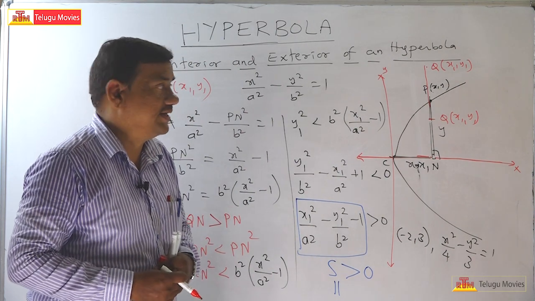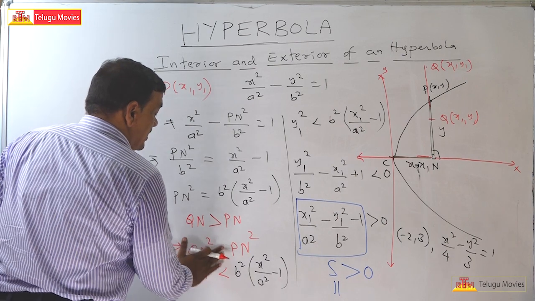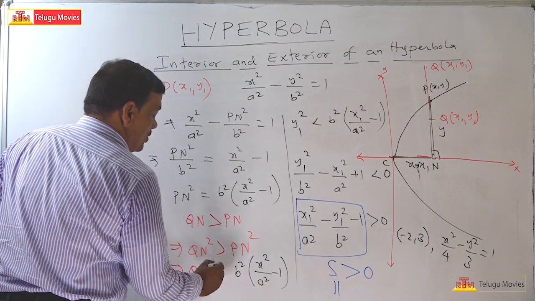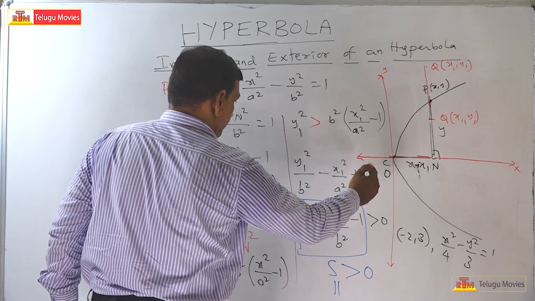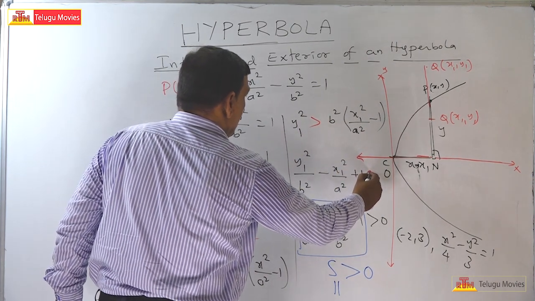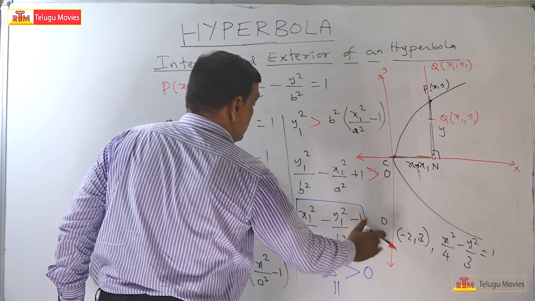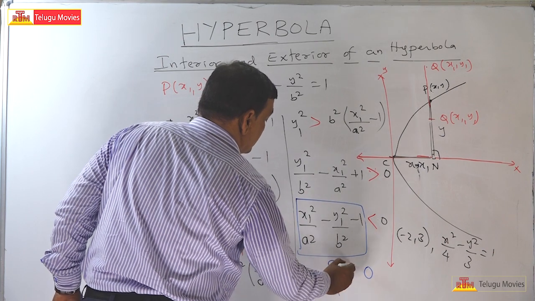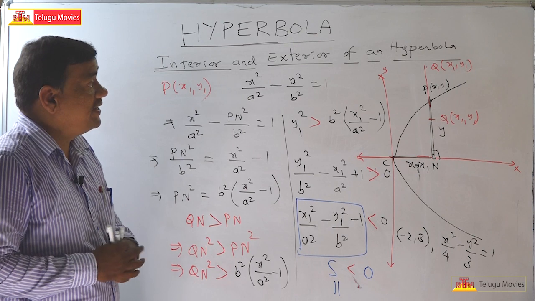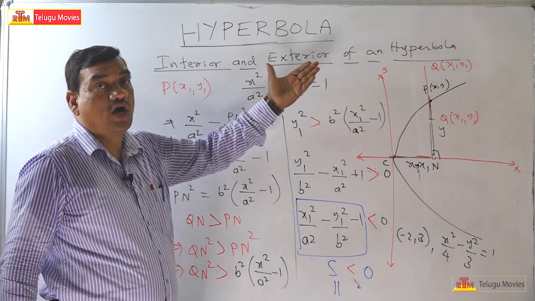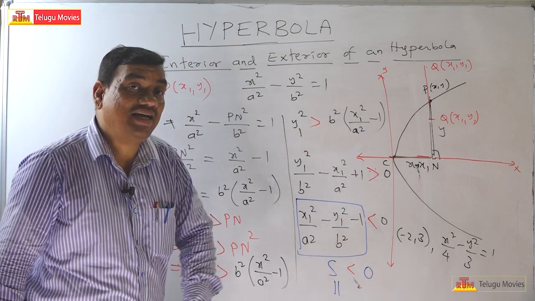If the point lies outside, Qn is greater than Pn, so the inequality reverses, and it becomes less than 0. So if the point Q lies outside, then S11 is less than 0. If it lies inside, S11 is greater than 0.